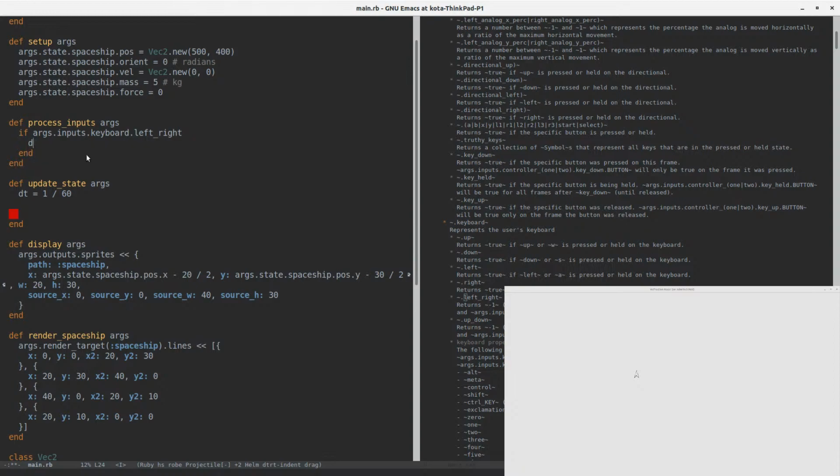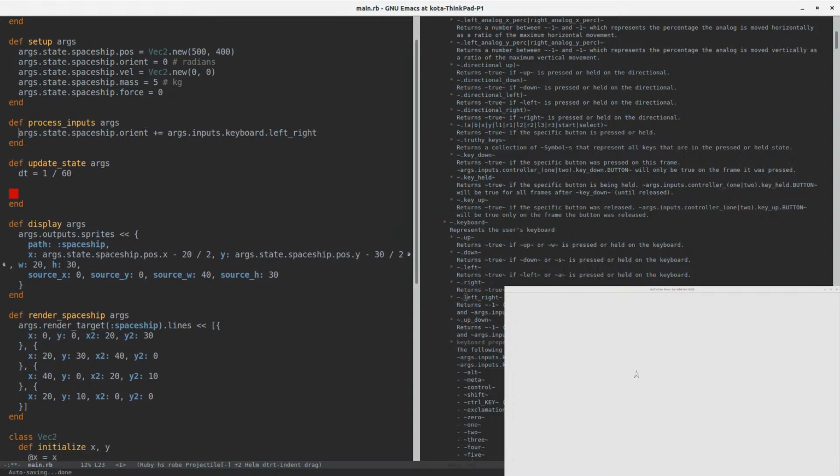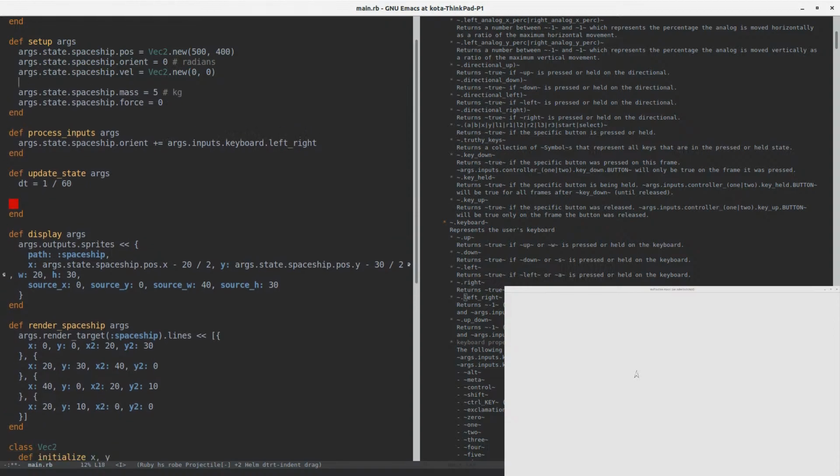So we'll have our args.state.spaceship.orient plus equals args.inputs.keyboard.left right. And actually we can get rid of this. And then we have some scalar. We're not going to deal with angular momentum in this video, but we'll worry about that in some other one.